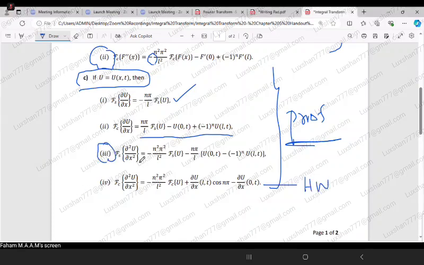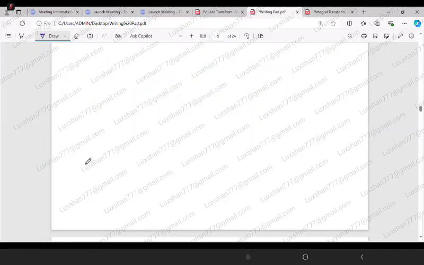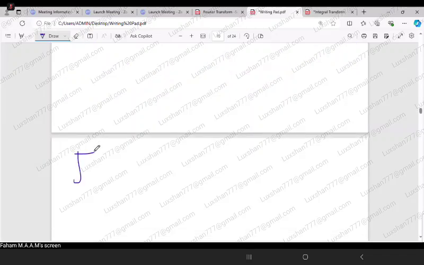Second derivative. Now let's talk about the second derivative. The Fourier sine transform of ∂²u/∂x².